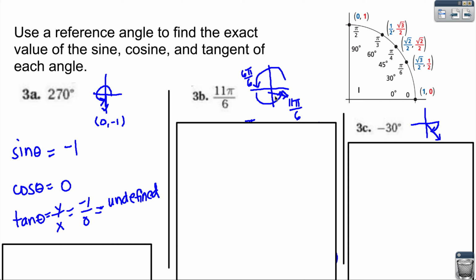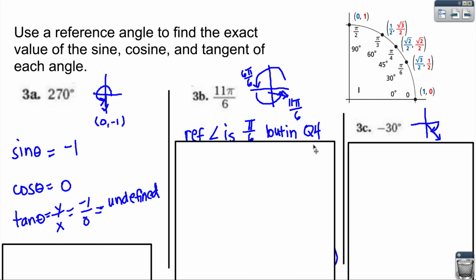If a full rotation is 12 pi over 6, how far away are we from 11 pi over 6 to 12 pi over 6? You're right, it's actually pi over 6, and that's the reference angle. But it is in quadrant 4, so you need to take note of the signs.